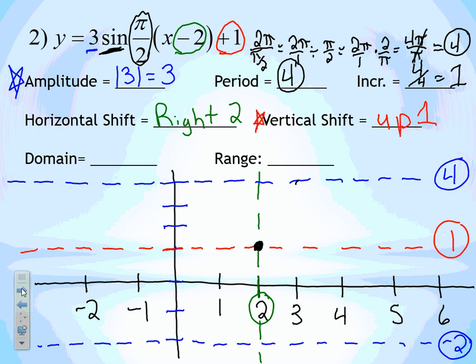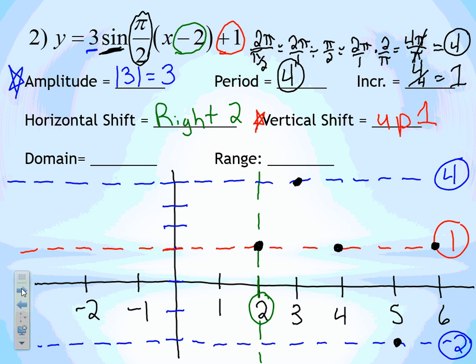So I go all the way up to my highest amplitude. Then I go back down to my center, which is my midline. Then all the way to the bottom to my lowest amplitude. Then back up to the center. I stopped and started in the same spot. I have 1, 2, 3, 4, 5 points.